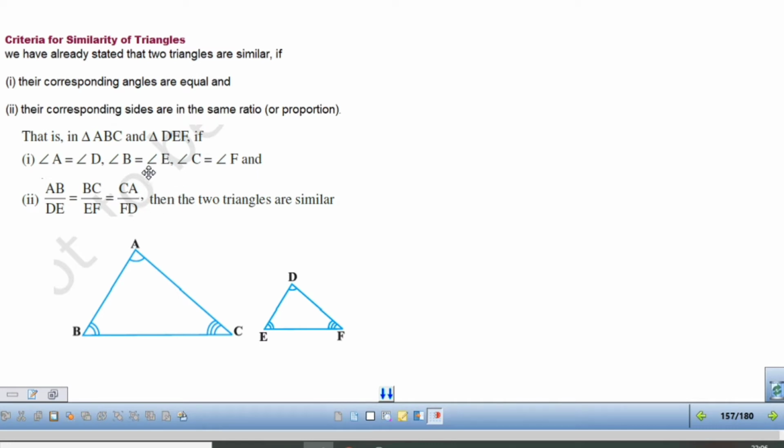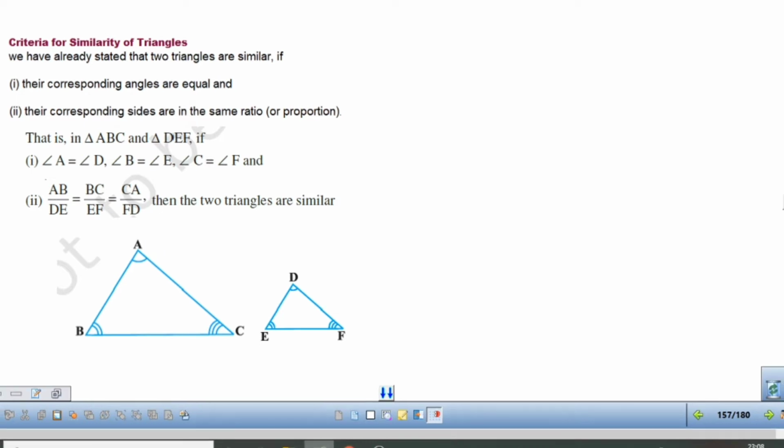But do we always have to check all the sides and all the angles to verify whether the triangles are similar or not? So in today's session, we learn about the criteria for similarity of triangles.